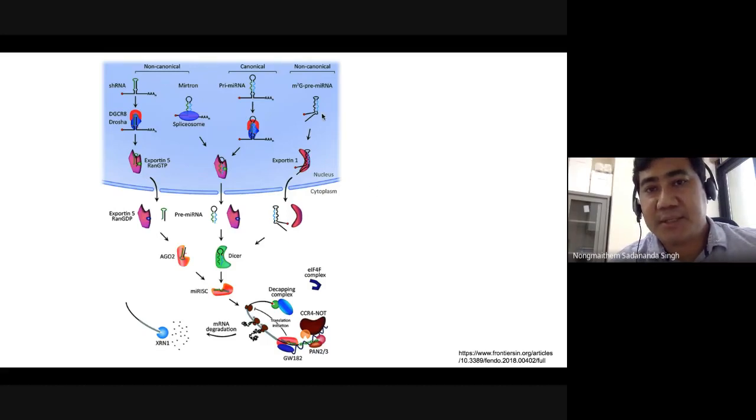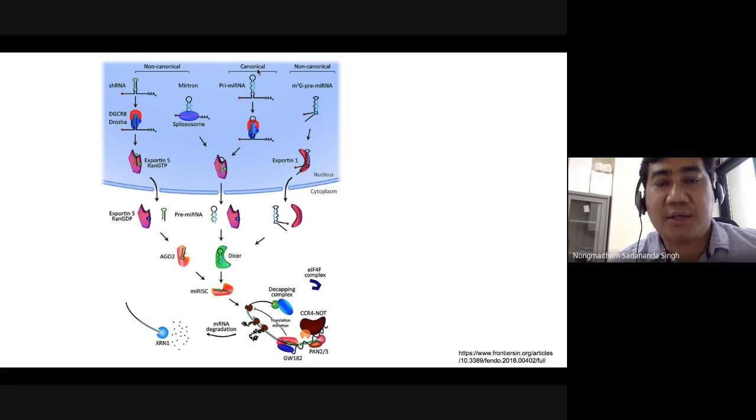And another way, as we talked about earlier, is that you can get microRNA from the M7G capped pre-microRNA. In the canonical pathway, it generally comes from the RNA polymerase 3 transcript.